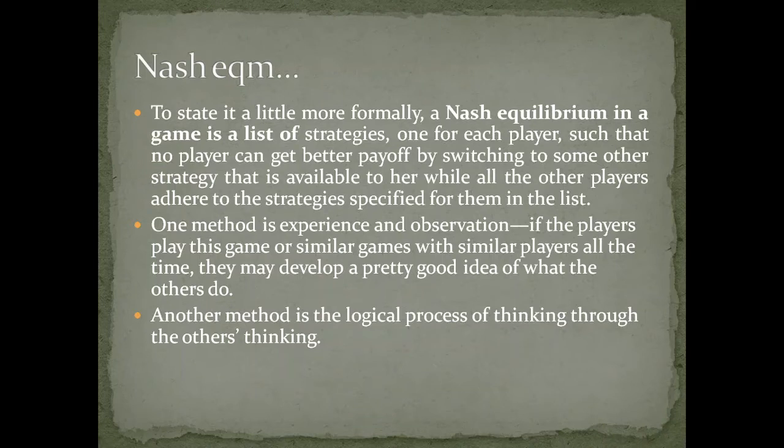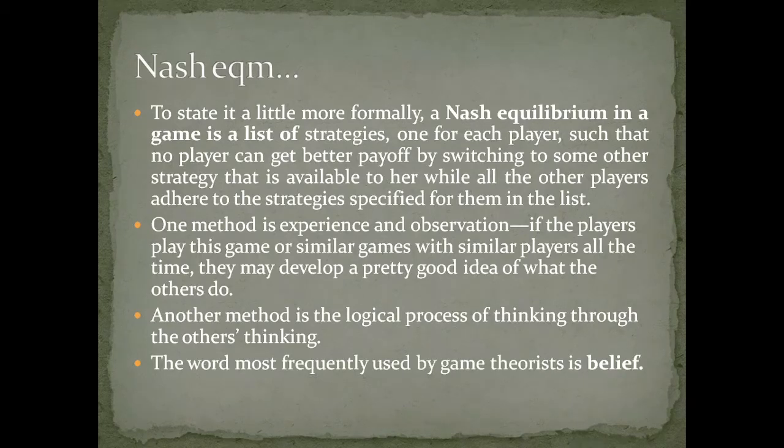If you don't know the opponent, then this logical process of thinking through might not work. So what exactly drives the strategies taken by the players over here? This is what game theorists love to call beliefs. So people have certain beliefs about the other players.